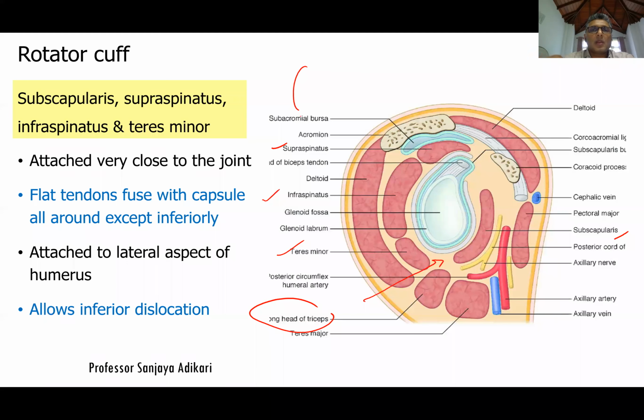You remember the glenoid cavity of the scapula: you have the supraglenoid tubercle and the infraglenoid tubercle. Long head of triceps is attached here, and long head of biceps is attached there. When the humerus is abducted, the triceps long head protects the inferior side. But still, it can dislocate in that position.